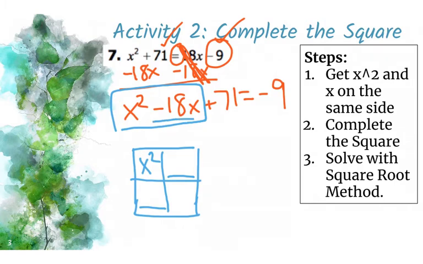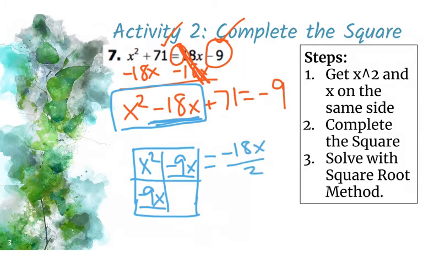I'm going to take this negative 18x and divide it by 2. I'm just splitting it in half. That would make negative 9x go here and negative 9x go here.